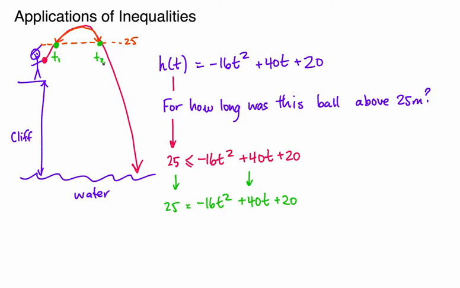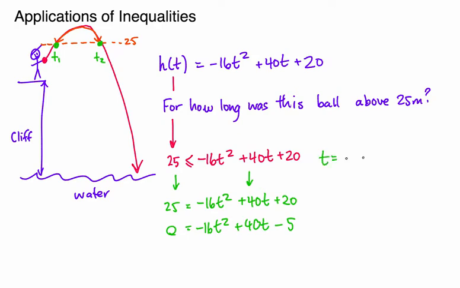It should be pretty quick going up, and then when it comes back down. So to solve this, I simply make it equal to 0 by subtracting 25 on both sides, and I could go ahead and use the quadratic formula since it's probably easier than factoring this, so I'll do that.